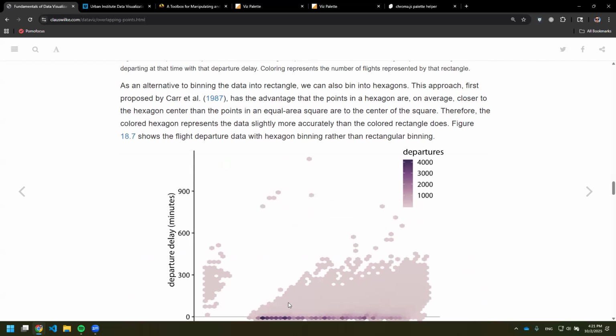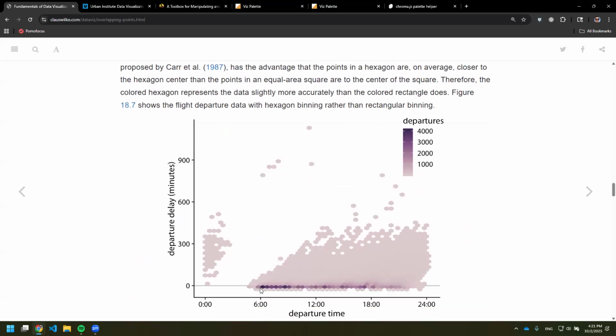So what this gets us is that with the utilization of hexagons, it reduces, I guess, the distance between the actual underlying point and the area that represents the point. So the squares are kind of bigger, and this is more like a circle, if you will. It's still square, well, I shouldn't say square.